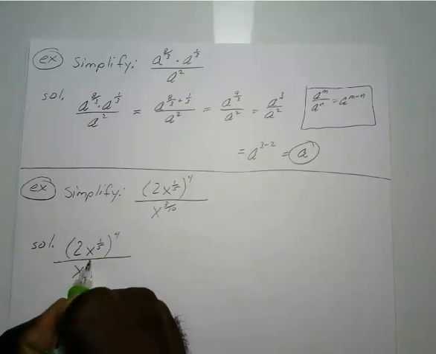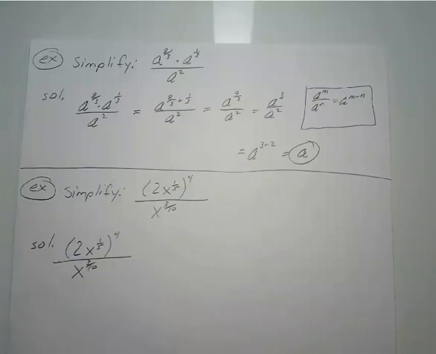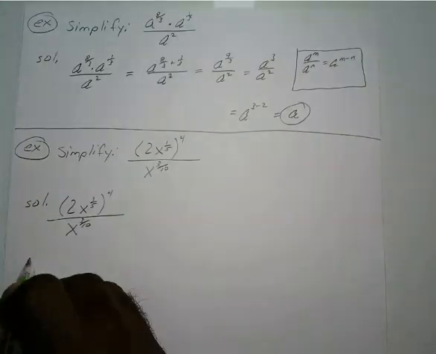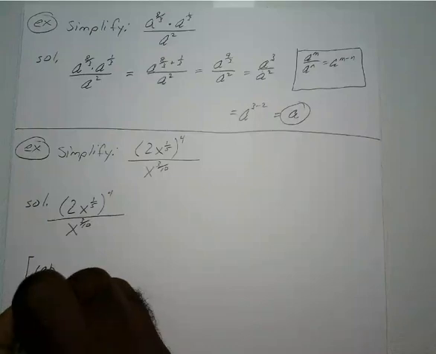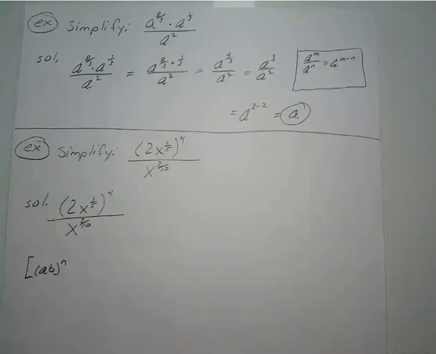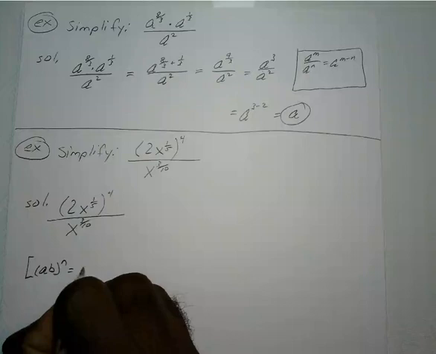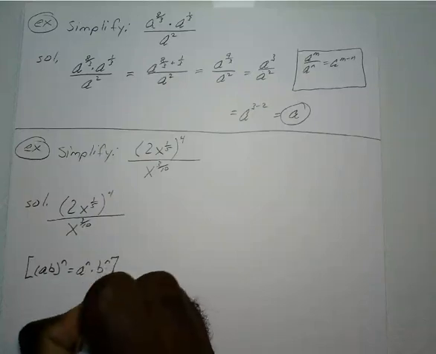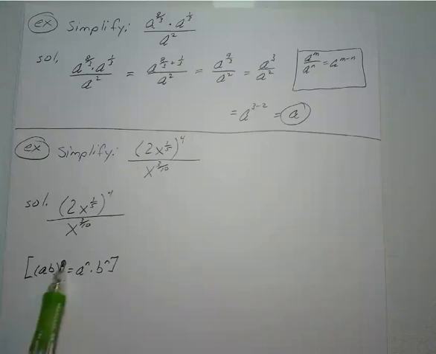Okay, now the first step I'm going to use here, remember if you have a times b to the nth power, that equals a to the nth power times b to the nth power. So basically we're just distributing that exponent. Remember, that's the power of a product rule. So all we're going to do up here is distribute that exponent.